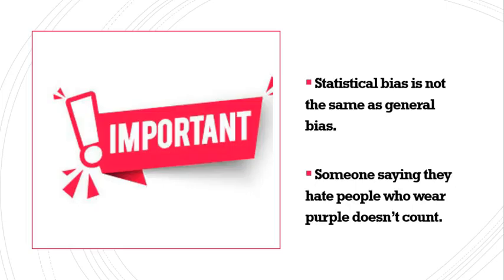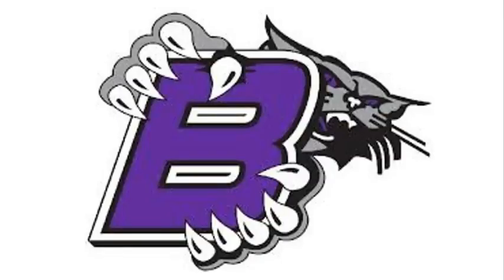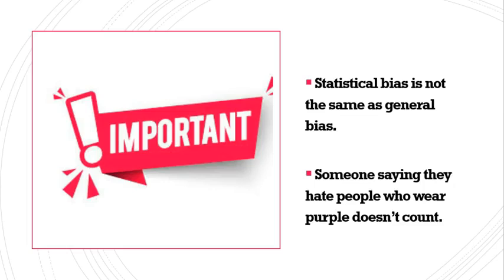So when the people in our survey have certain biases, that's okay. Like if they say that they just don't like people that wear purple, that's not the bias that we're concerned about. People are allowed to have those feelings and we are just reporting them. The bias that we're concerned about is when our sample results don't really match the population results.